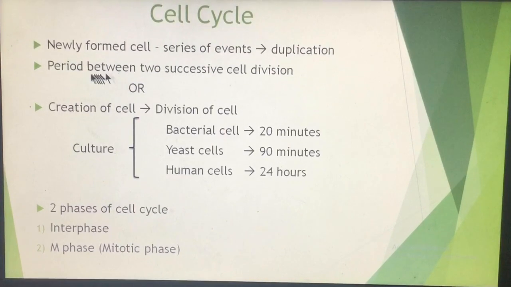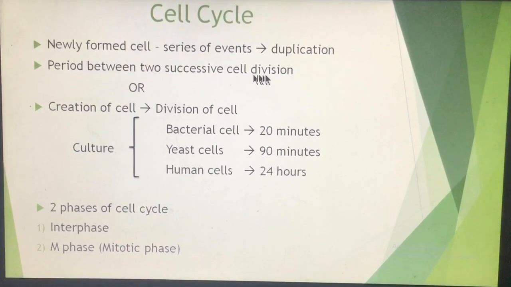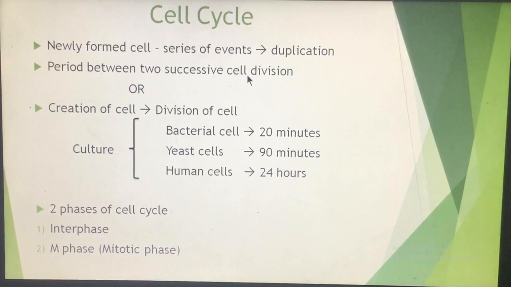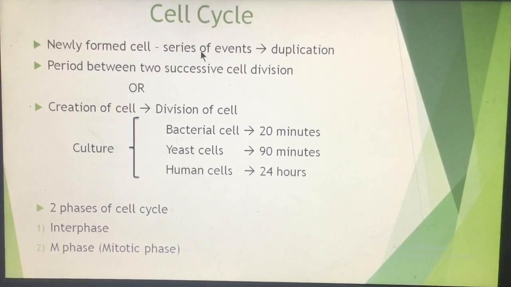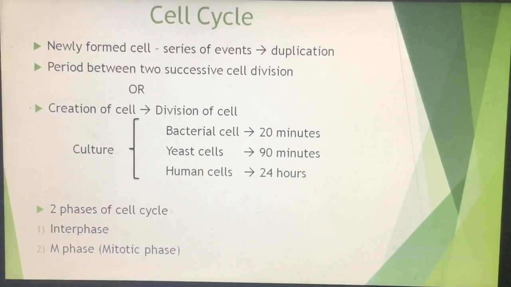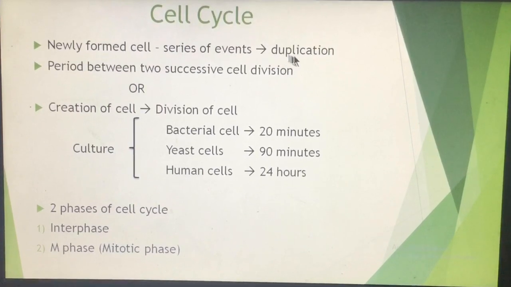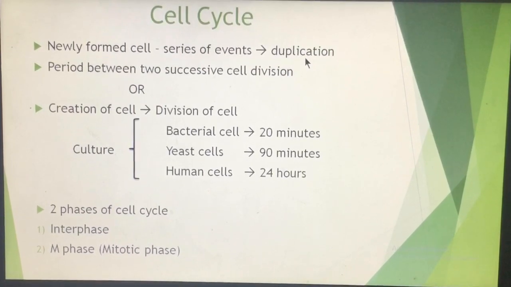Now the period between two successive cell divisions: if a new cell is formed and that new cell shows many events, and during those events the various things present inside the cell like mitochondria, Golgi apparatus, the chromosome, etc., show duplication, and after duplication the cell again divides.